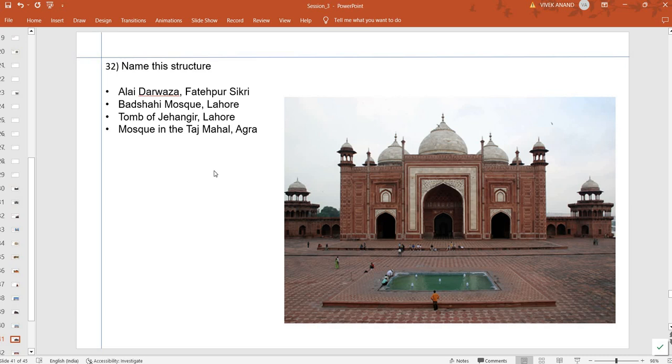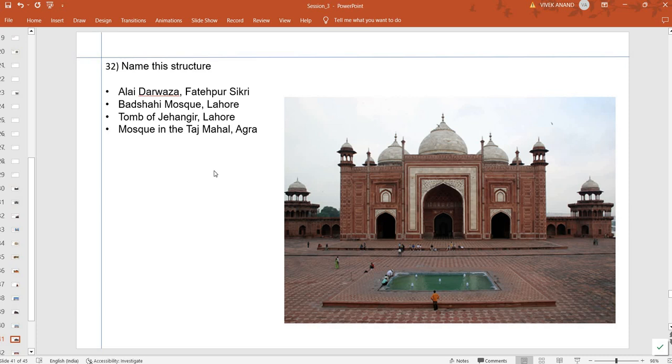It is a mosque in Taj Mahal, which is built in red sandstone and white marble. And why not Badshahi Mosque? Badshahi Mosque has more of chhatris and other things, which is very similar to the Jami Masjid. Yeah, so this is a mosque in the Taj Mahal.